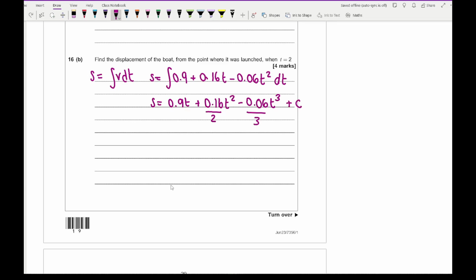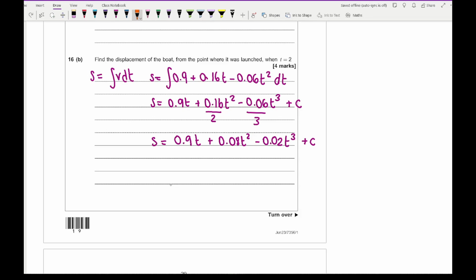We must make sure we put plus c when we integrate, and tidying the expression up, 0.9t plus 0.08t squared minus 0.02t cubed plus c.